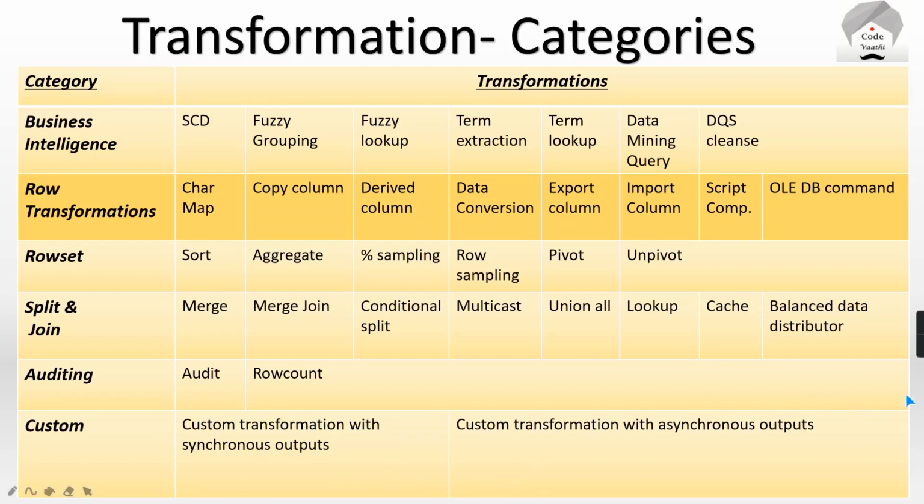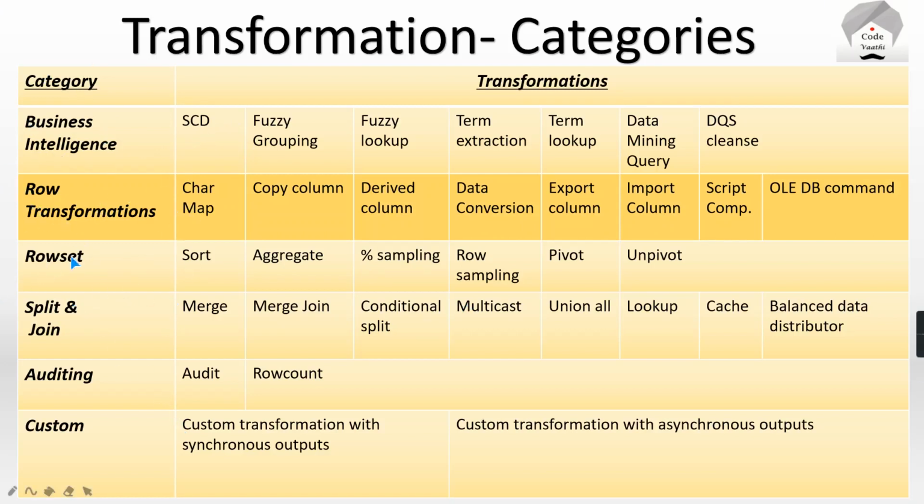With asynchronous outputs it is much slower, as the rows are held up in the buffer for each and every transformation getting applied on a particular row. We will see each and every category in the upcoming videos.